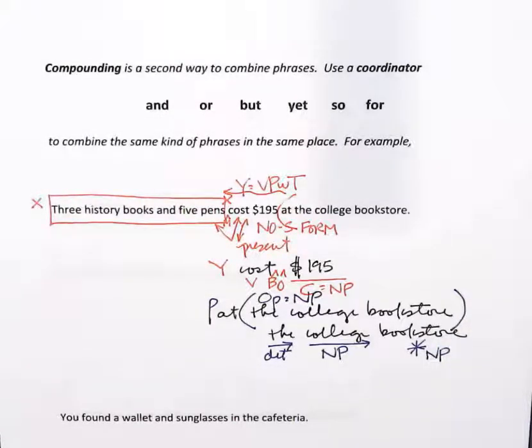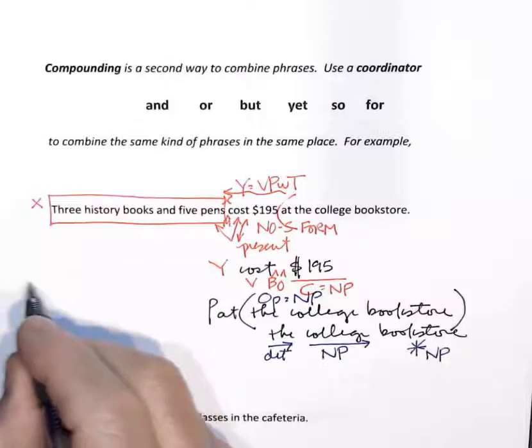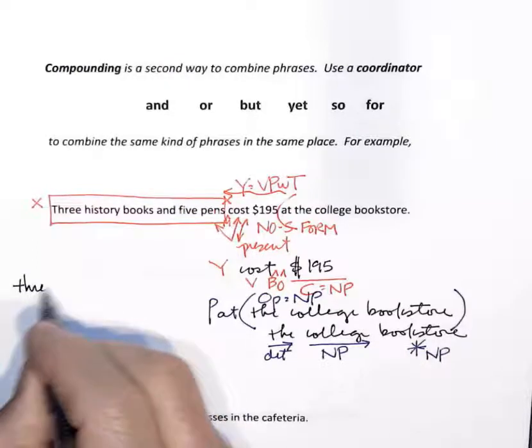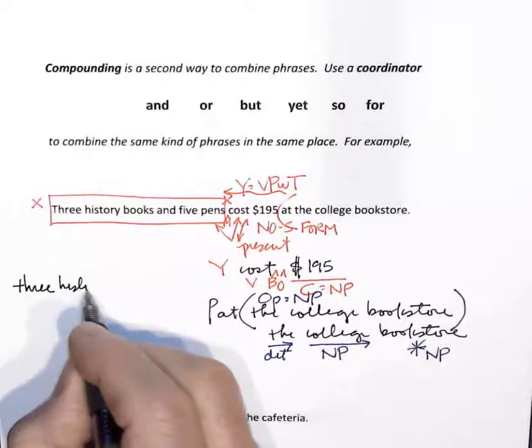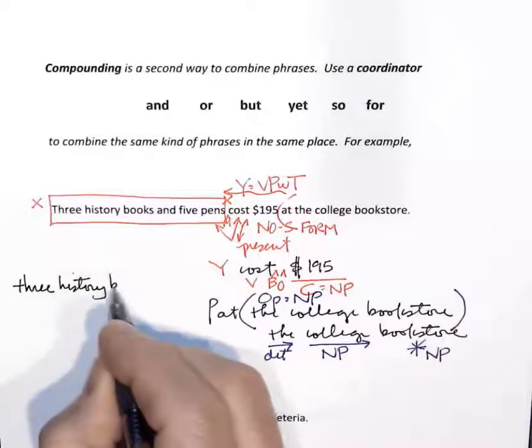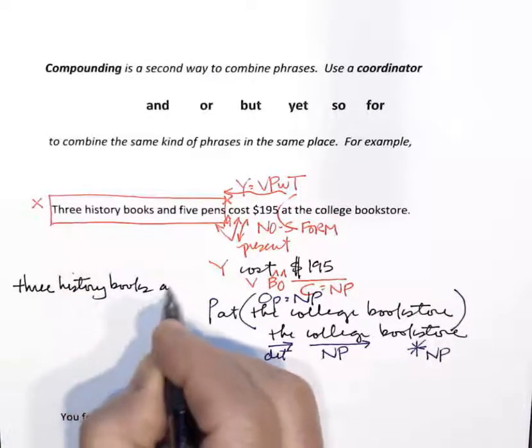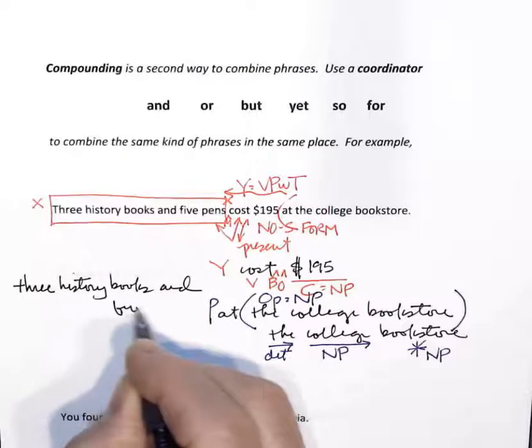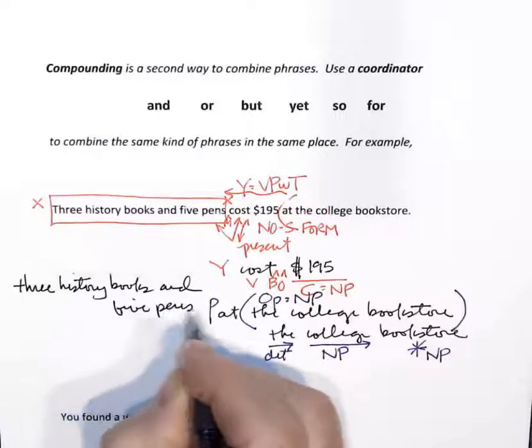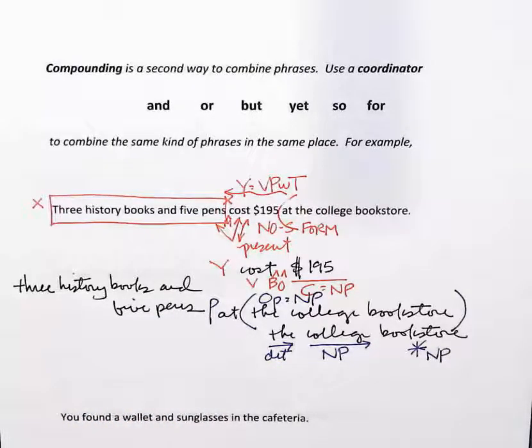So I don't see any kind of coordination or compounds here. So let's take a look, though. We still have the subject. Let me put it, I guess we can put it over here. 3 history books and 5 pens.